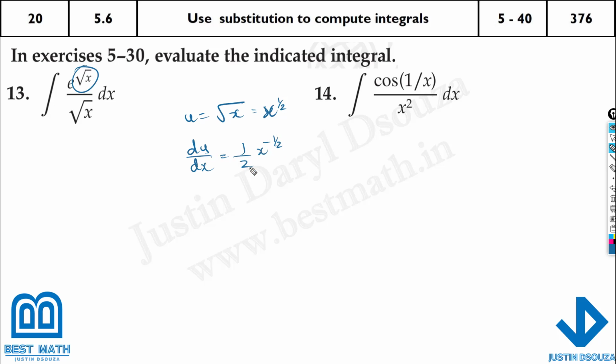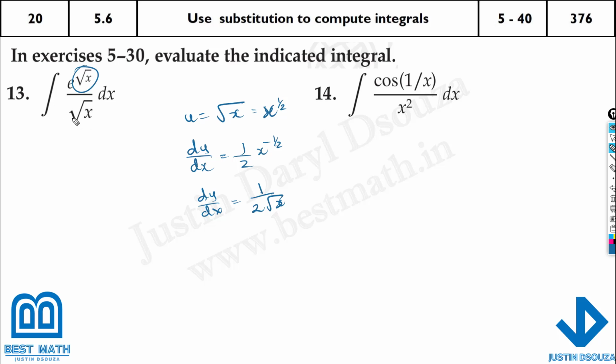Then you can rearrange this and write it as 1 by 2 times root x in the denominator, because power half is square root x. I know this formula as an identity. When you differentiate square root x, it's positive 1 by 2 root x, not minus, sorry.